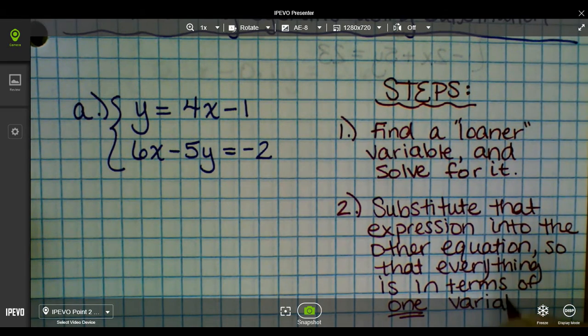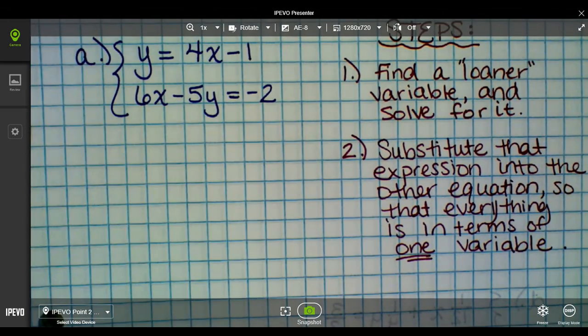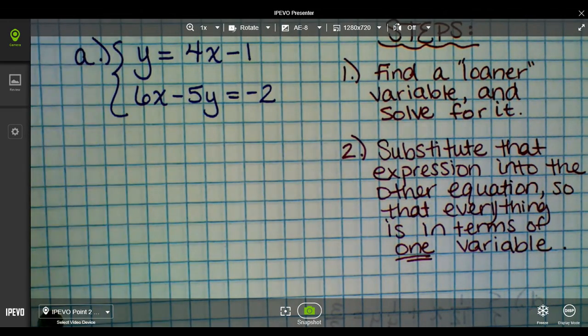And if you need to, pause this right here and write it down, these steps are going to be very, very helpful in your notes.